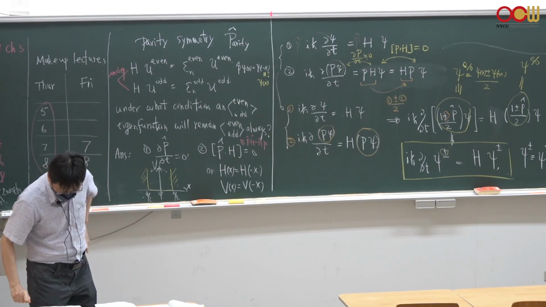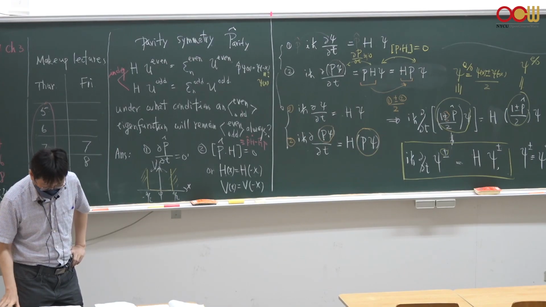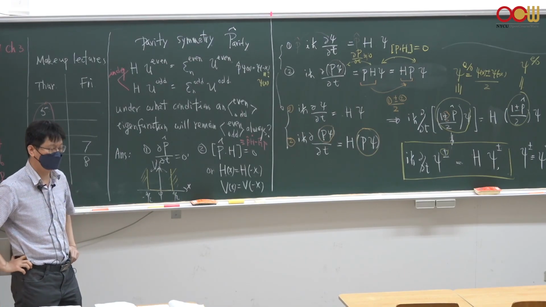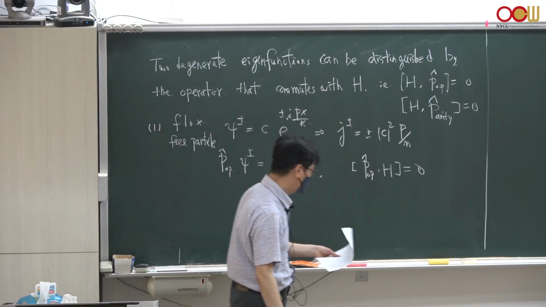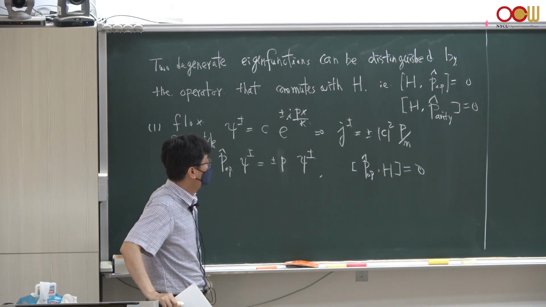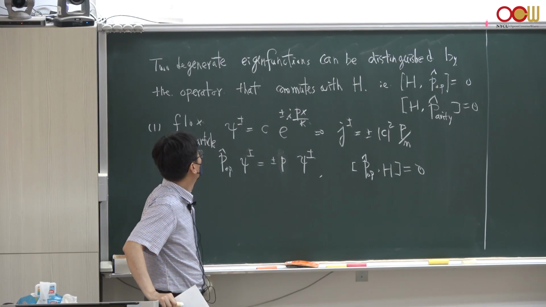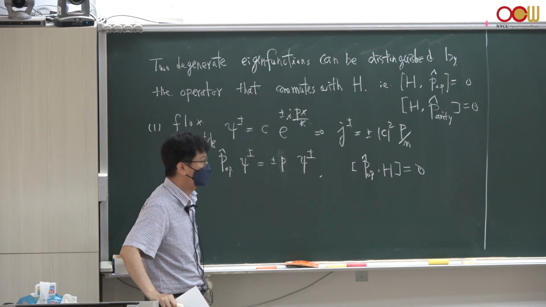When we come back, I would like to make some remark regarding how to distinguish the degenerate eigenstates. Okay, so let me make a final remark regarding the commutator and degenerate eigenfunctions that we discussed last time.